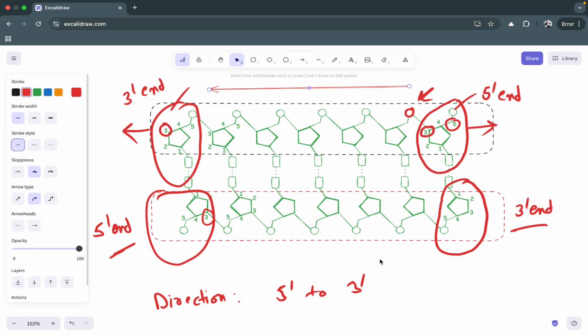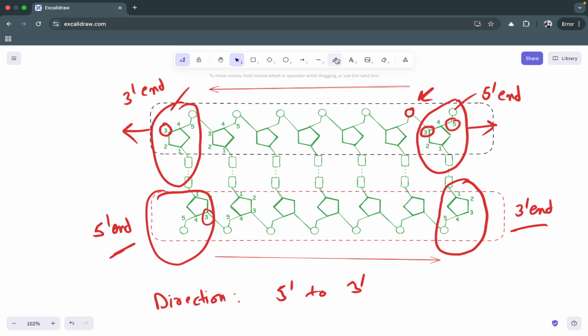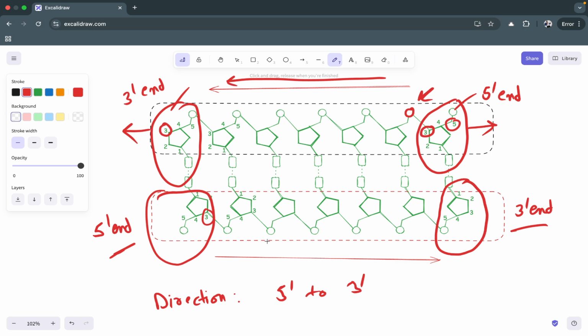And for the second strand, you will draw a direction vector like this, right? The one thing that you notice is that the two strands of your DNA molecule are anti-parallel. One is going from 5' to 3' in this direction, and the second strand is going from 5' to 3' in this direction. This is always true. In any DNA molecule, the two strands are always anti-parallel to each other.